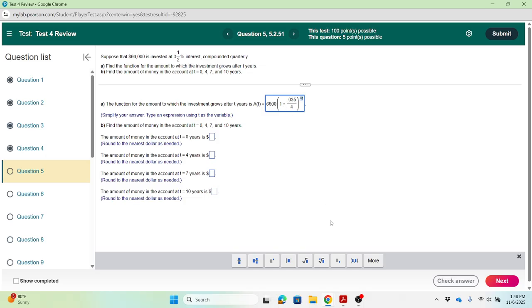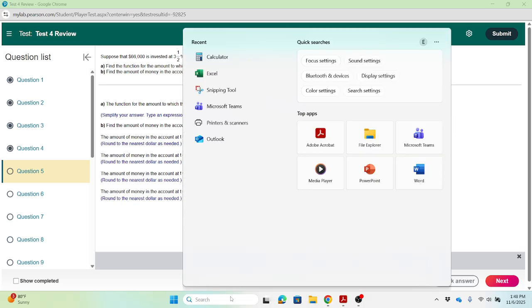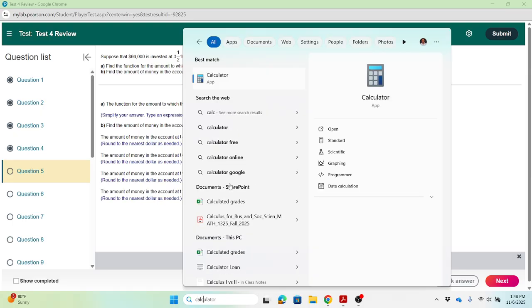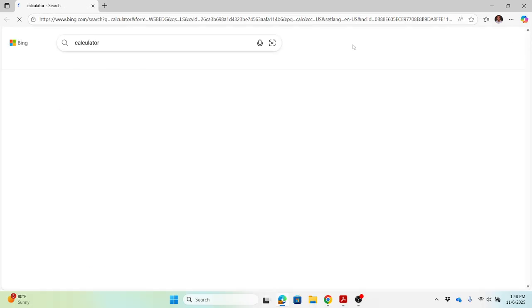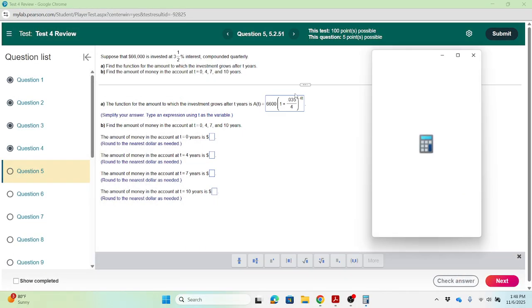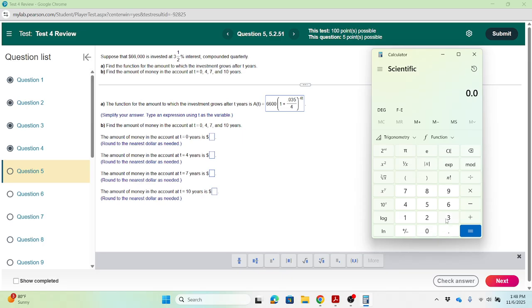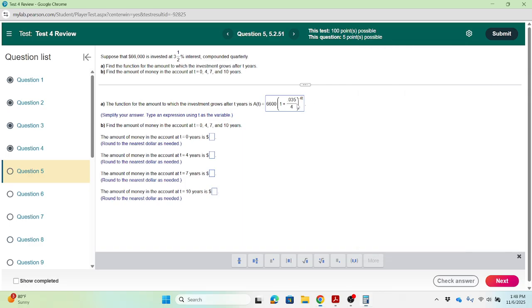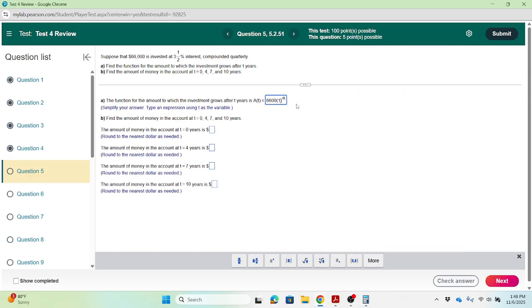You can do this calculation, and then you can find, let's see, calculator, here you go. 0.035 divided by 4, and then plus 1, that is 1.00875. So this is actually 1.00875.